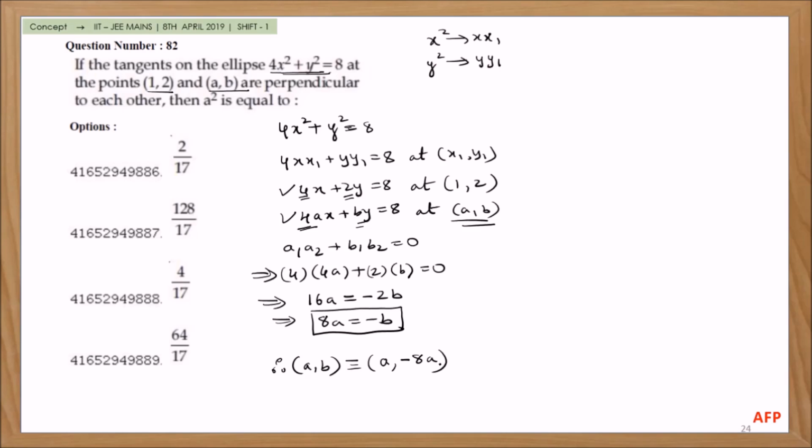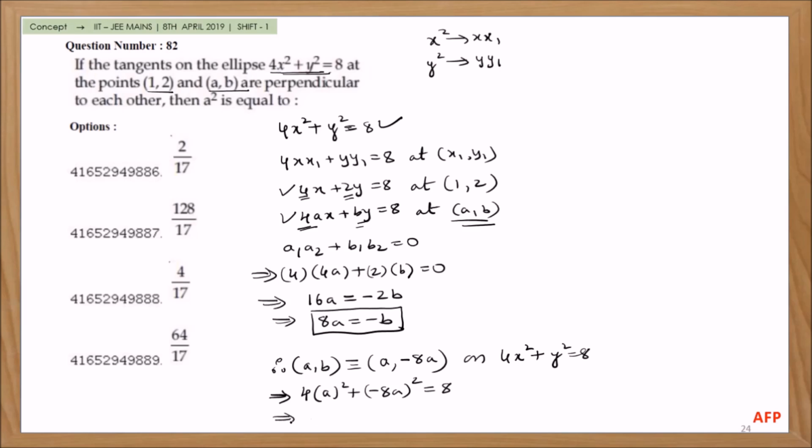So this point is on this ellipse, 4x square plus y square is equal to 8. So we'll substitute this point in it. So 4a square plus minus 8a square is equal to 8.